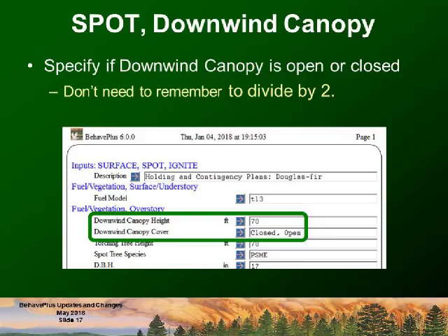So I added in a trigger that you put in whether the downwind canopy cover is open or closed, and then the model will automatically determine what needs to happen at that point. And that's just to help us all remember. It doesn't make a ton of difference all the time, but there are places where it does make a huge difference, and I wanted to make sure that they had the information they needed.